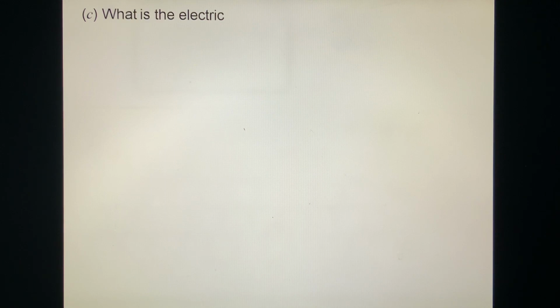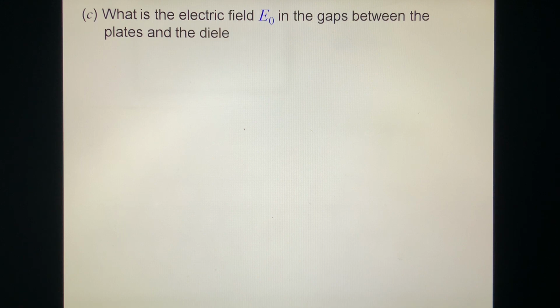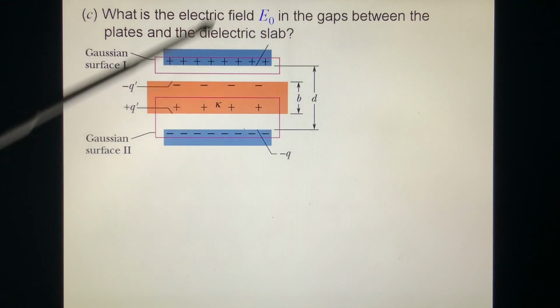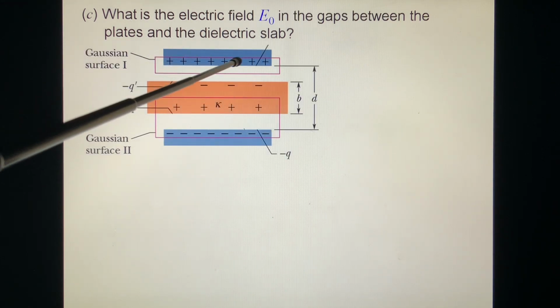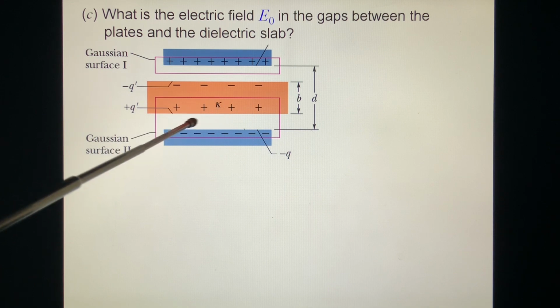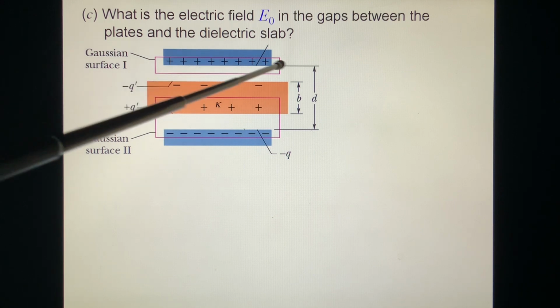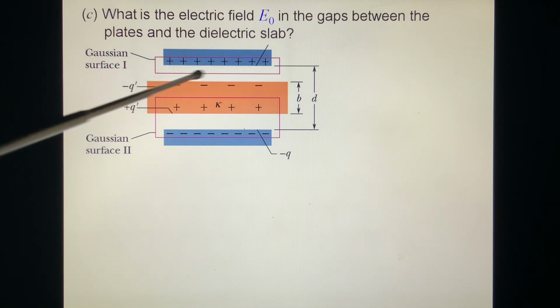Question C. What is the electric field E0 in the gaps between the plates and the dielectric slab? This E, between these two, should be equal to this E by symmetry. Same thing, we make a Gauss surface like before and get the same answer.